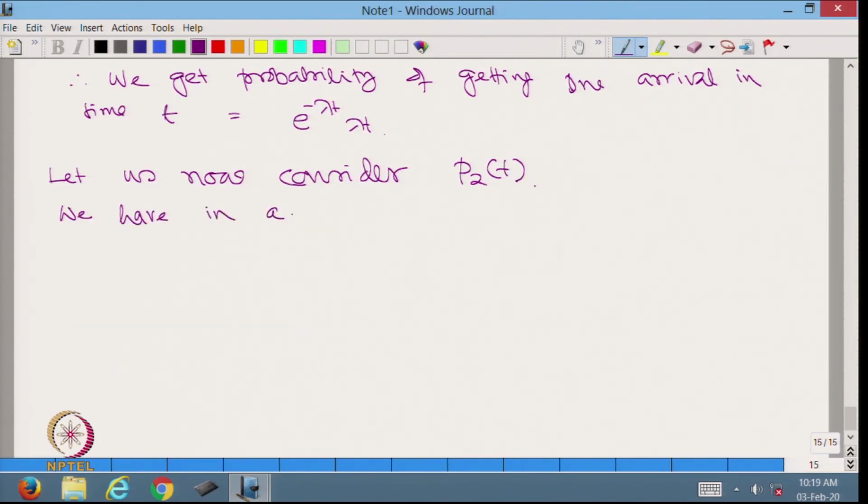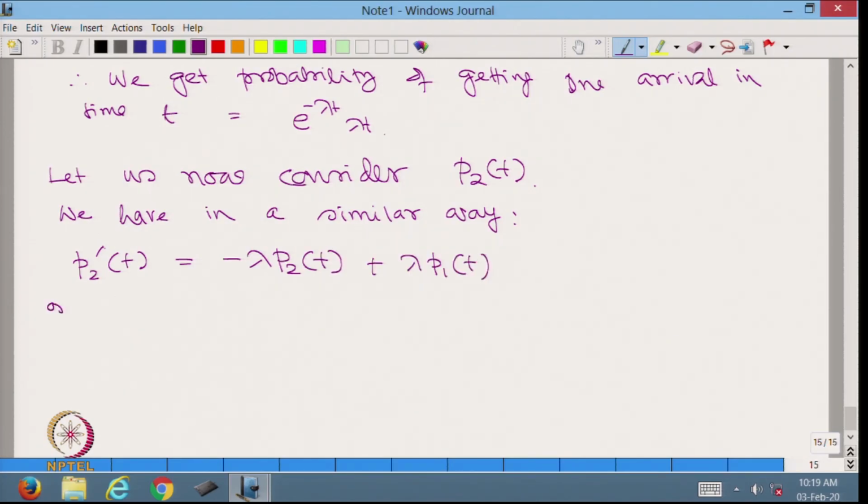In a similar way, P2 prime t is equal to minus lambda P2 t plus lambda P1 t, or P2 prime t plus lambda P2 t is equal to lambda into e to the power minus lambda t.